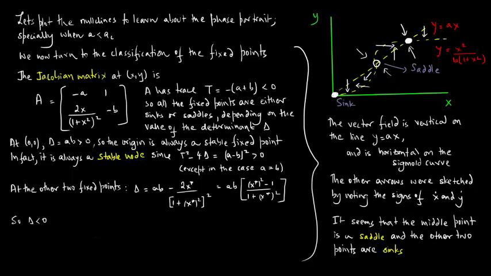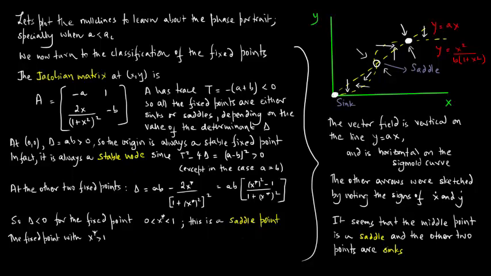So delta is less than 0 for the fixed point x star less than 1 and greater than 0. So this is a saddle point. The fixed point with x star greater than 1 is always a stable node, since delta is less than ab, and therefore tau squared minus 4 delta is greater than a minus b whole squared, which is greater than 0.